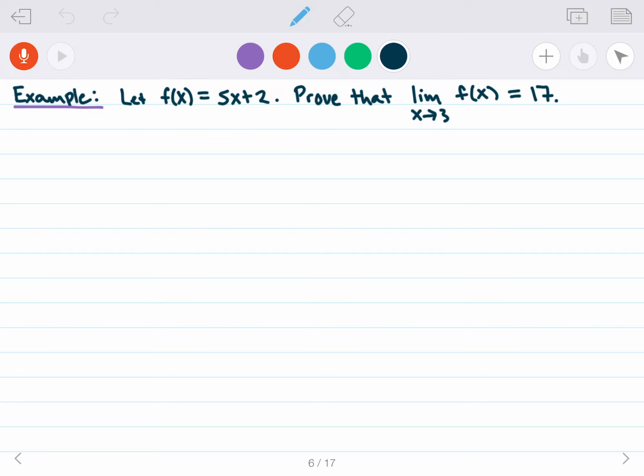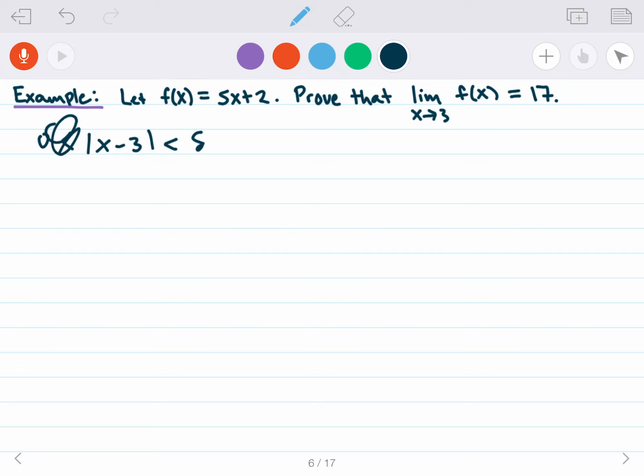So, the idea here is to do the same sort of scratch work that we did for limits of sequences. Okay? And so we want to go back to our definition. We want to show, and I'm not going to be sloppy, but I'm not going to write that absolute value of x minus 3 has to be bigger than 0 and less than delta.